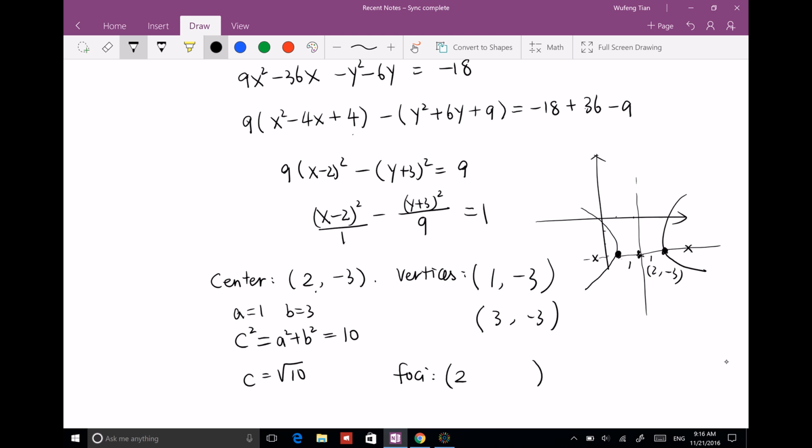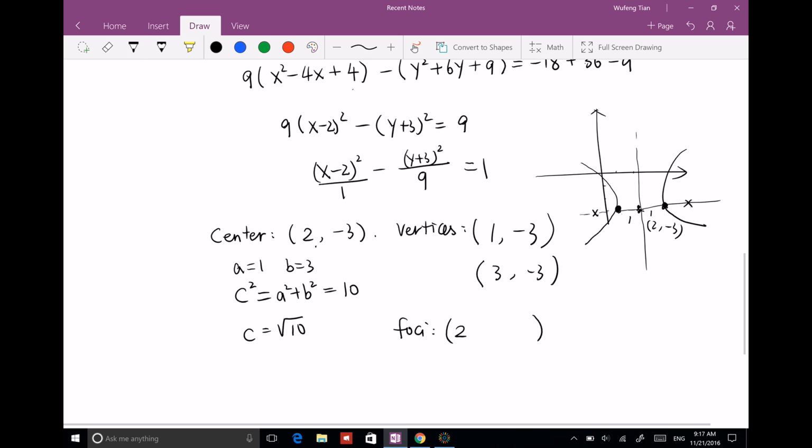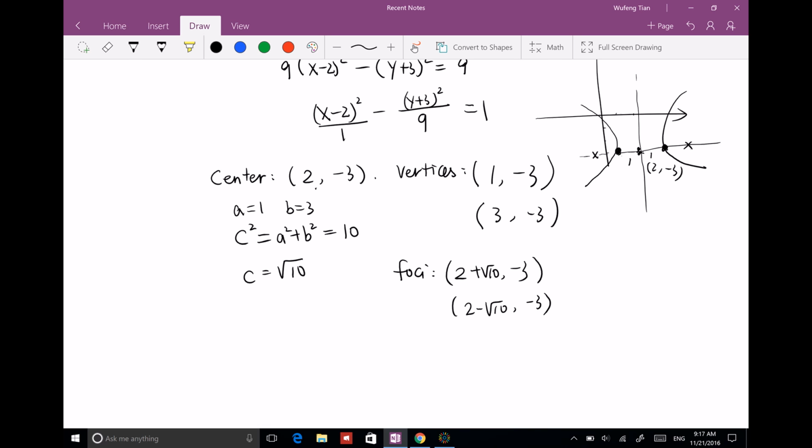Does it make sense, Lacey? It's gonna be 2 plus root 10, then negative 3. Yes, and then 2 minus root 10 and negative 3. Perfect.